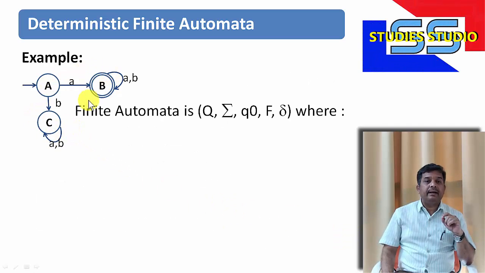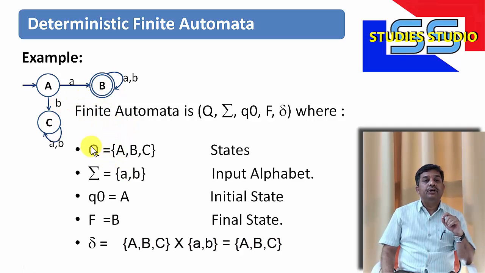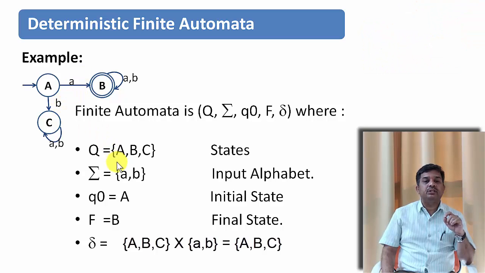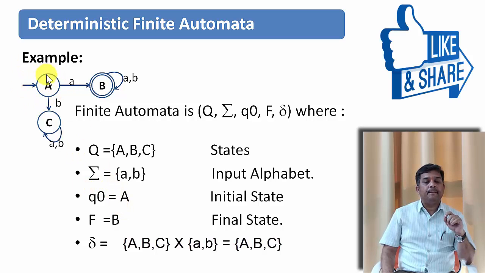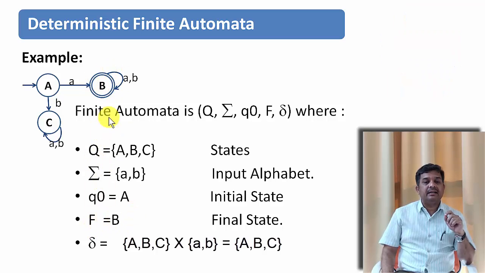Now let us say this is my transition diagram. According to this transition diagram, Q contains the states A, B, C. There are 3 states. Sigma is the input symbols, so a and b are the 2 input symbols we have used. Q naught is the initial state because the arrow is coming to A. The final state is B because it is double circled.